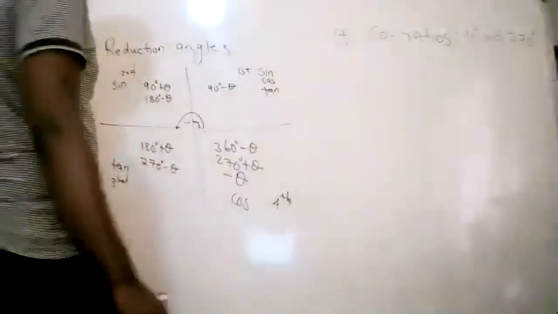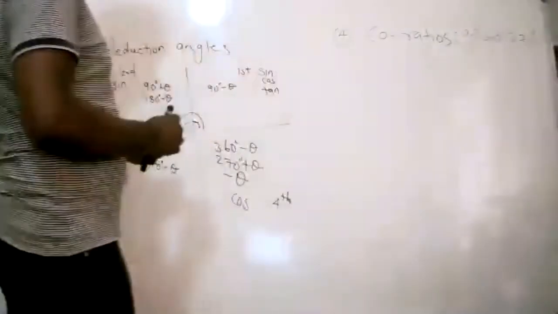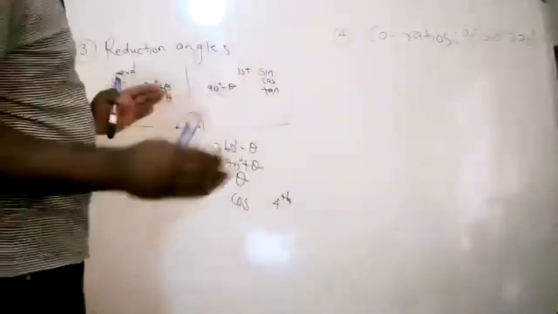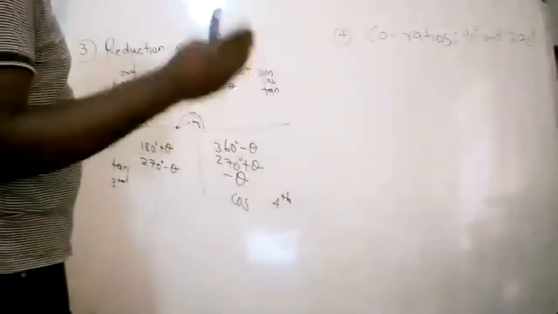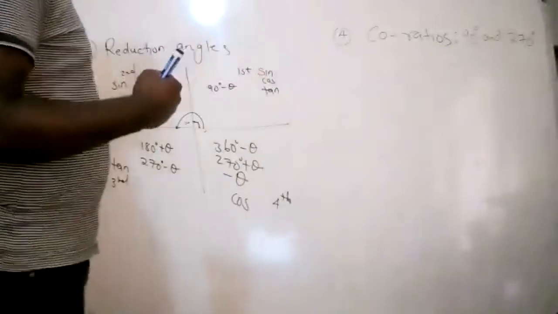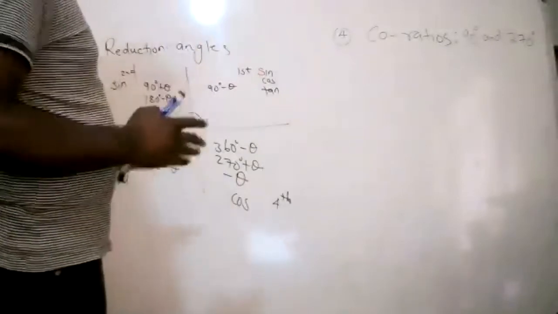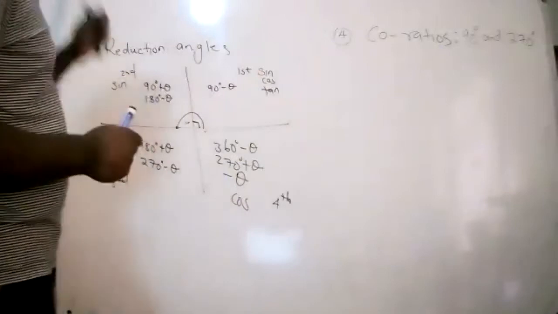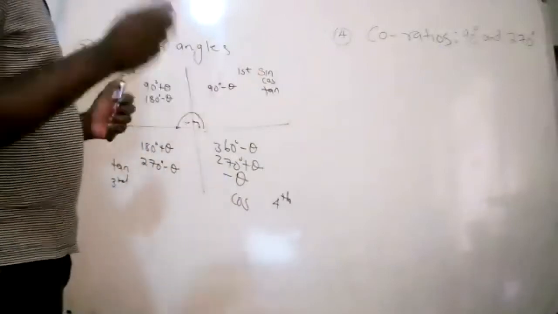What does a core ratio do? Core ratios change sine to cos, and they change cos to sine. You must be very careful about the core ratios. Besides core ratios, there is no other thing which can change cos to sine and sine to cos.